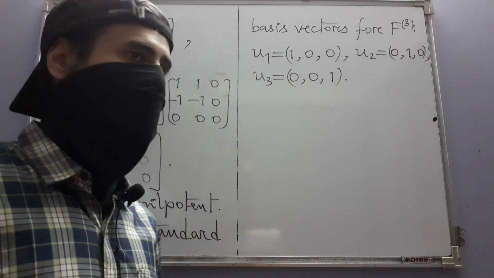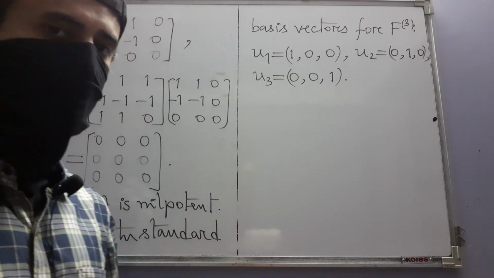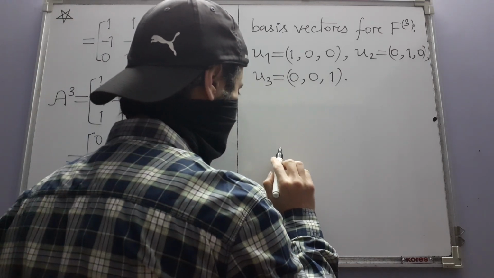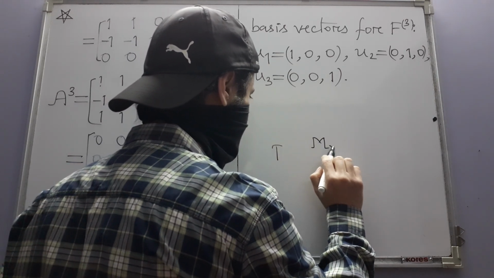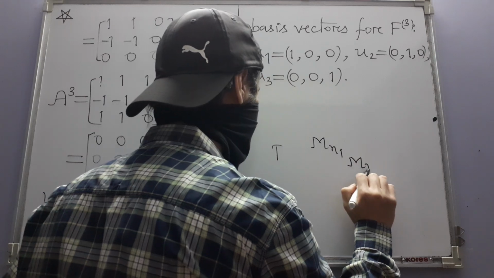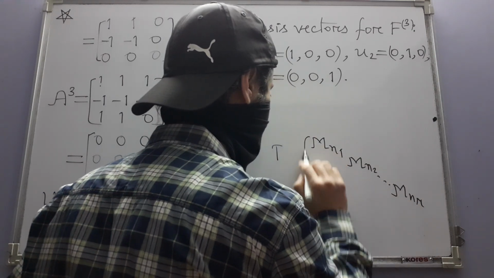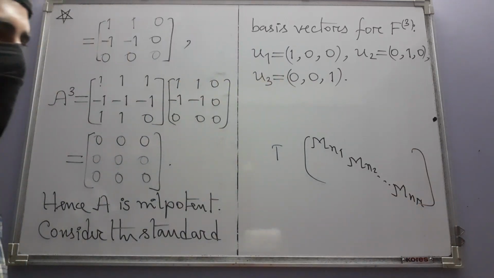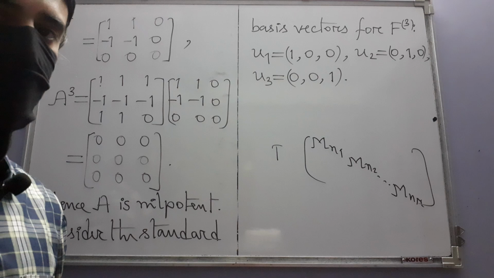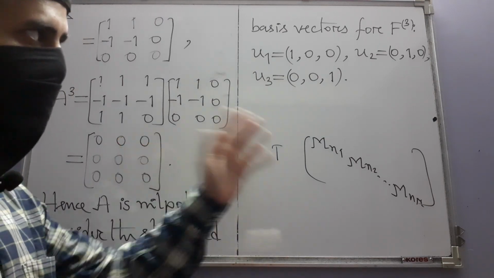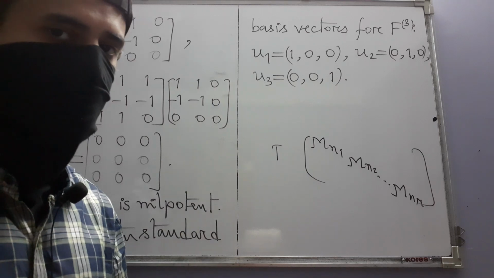Actually, from theory, you go to that result which tells you that any linear transformation T which is nilpotent has a matrix of this form. You go to the proof of that. In that, we work with these vectors and we applied T repeatedly on them, and that gave us a basis.